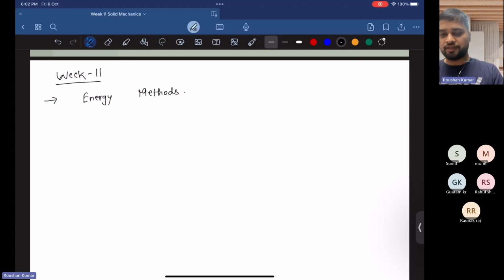Through the energy of the system, we can find out the deflection as well as the slope of the system after the application of some external forces or moments. So the energy method is one of the methods through which we can find the deflection and slope of the beam. In this session, I will solve some problems related to this concept.